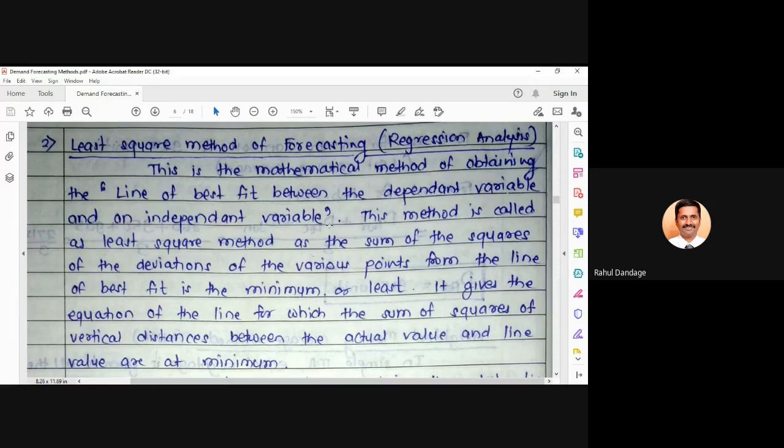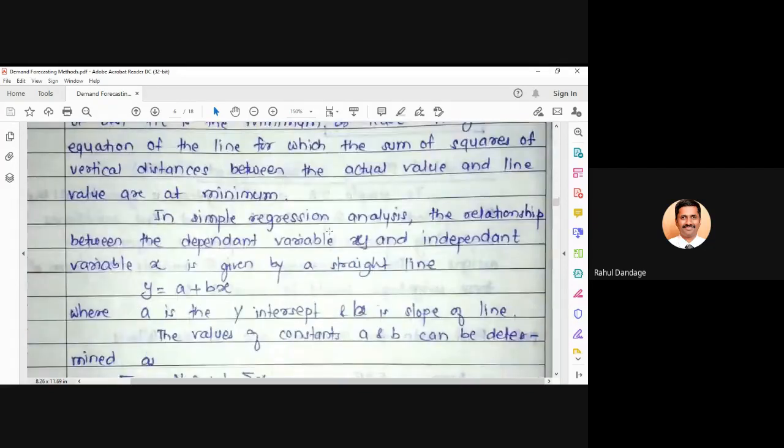More than this, what is important is the methodology we are going to adopt. In simple regression analysis, the relationship between dependent variable y and independent variable x is given by a straight line, y is equal to a plus bx.